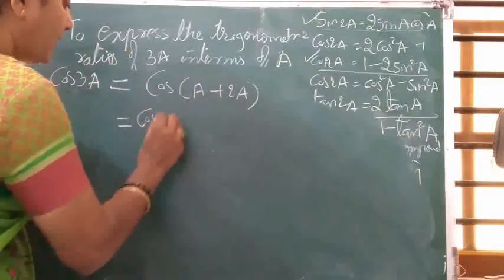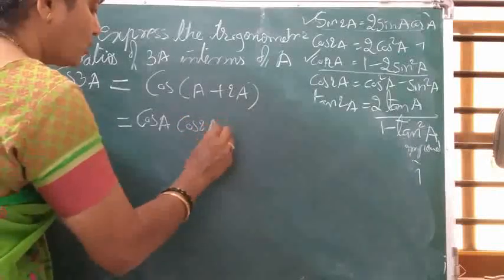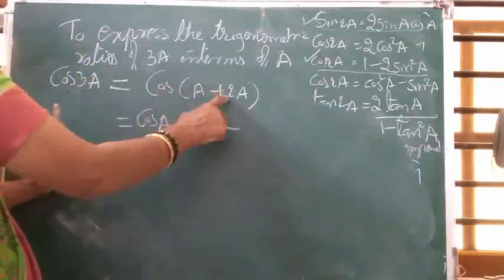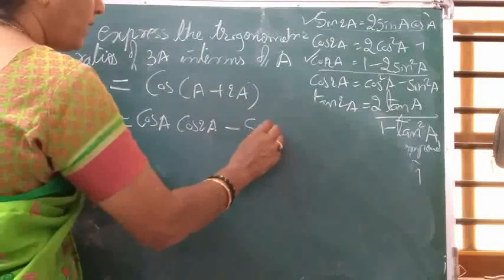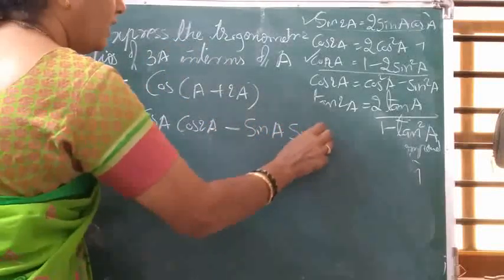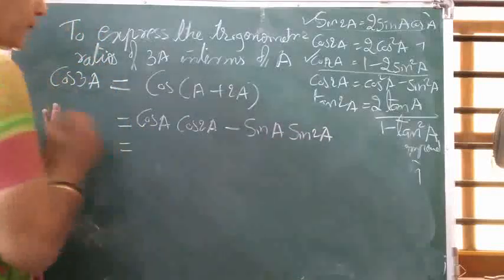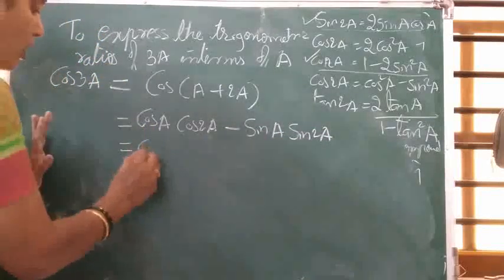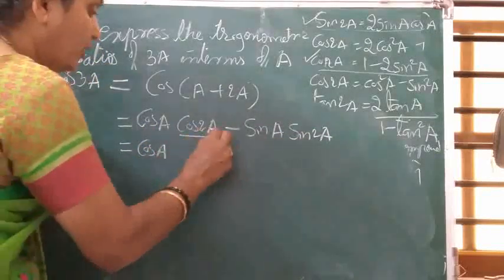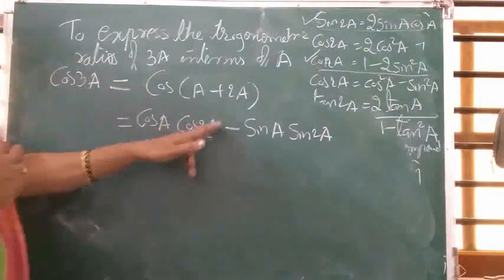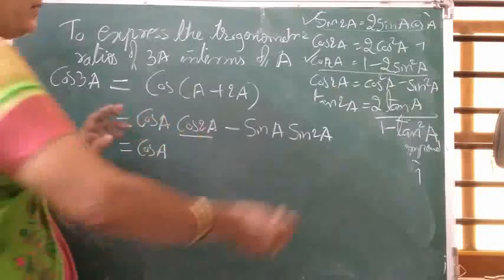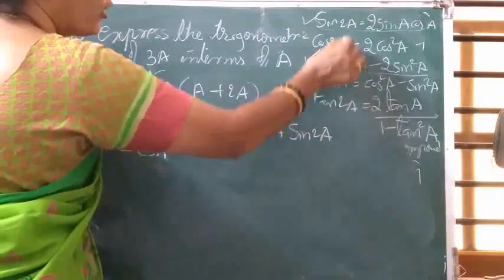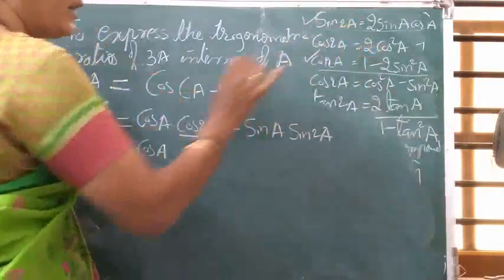So I write it as cos A into cos 2A minus sin A into sin 2A. Wherever there is cos and there is a plus sign, I should write a negative sign. Similar to the previous proof, for cos 2A, I have to answer only in terms of cos, so I will make use of the formula for cos 2A which is only in terms of cos.